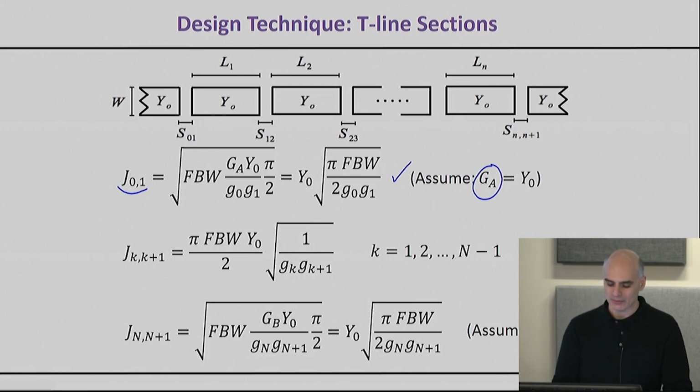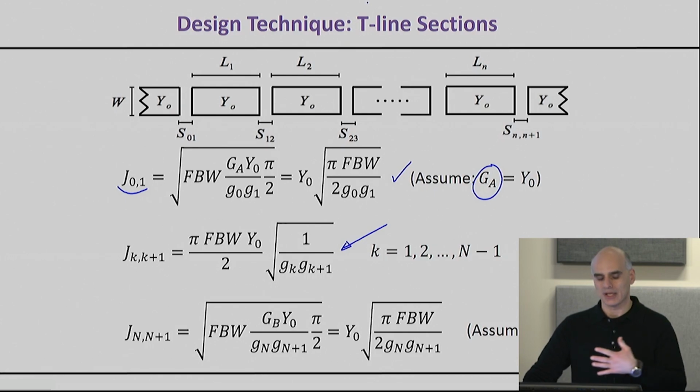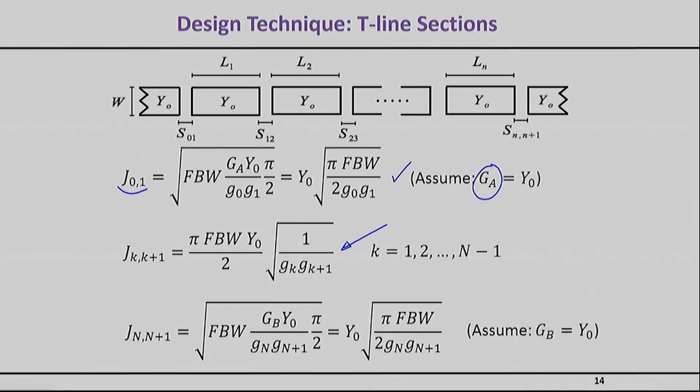Here's the equation for the inter-resonator couplings. That will be true for all the couplings from the beginning until the end. And here's the last external coupling, the coupling between the last resonator, this guy right here, and my load, which is right here. So now I have all the equations ready.